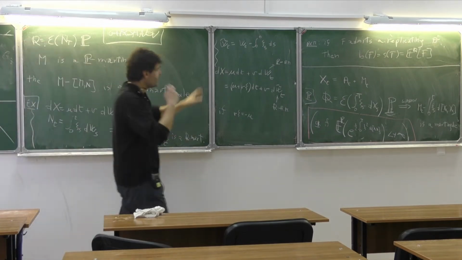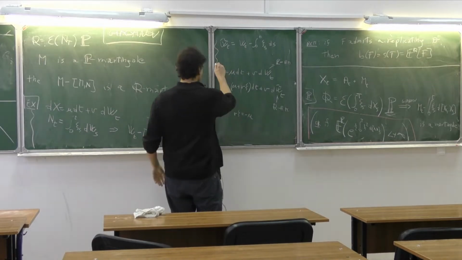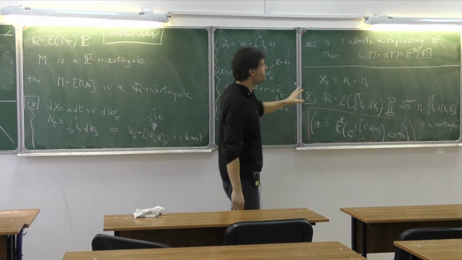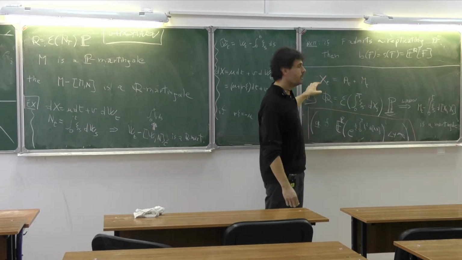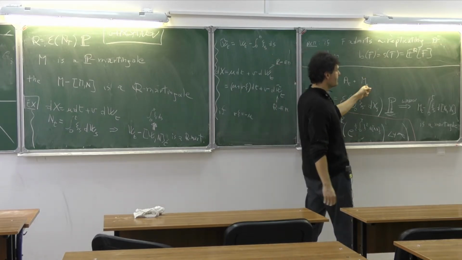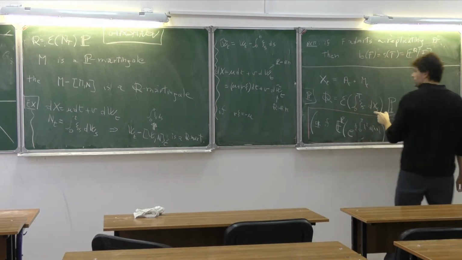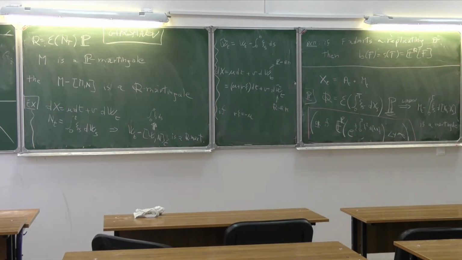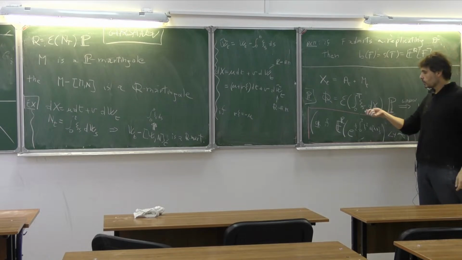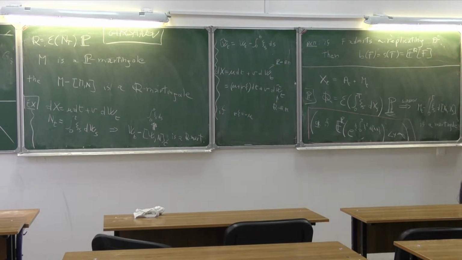So what we did here for the process was this example. We can do it in general if you want, because every semimartingale has this decomposition. So we do exactly the same. We try an exponential change of measure in this Girsanov form with a stochastic integral with respect to dX.